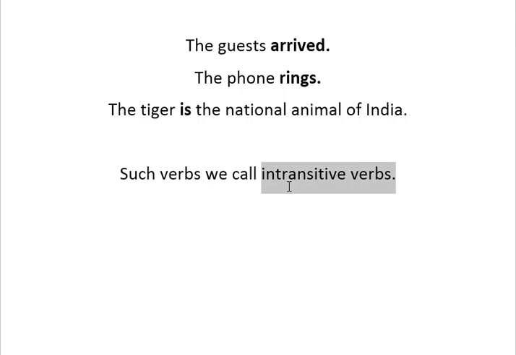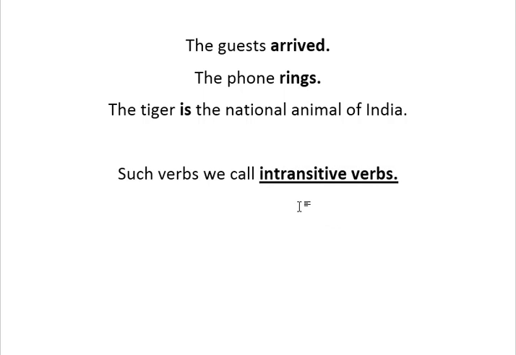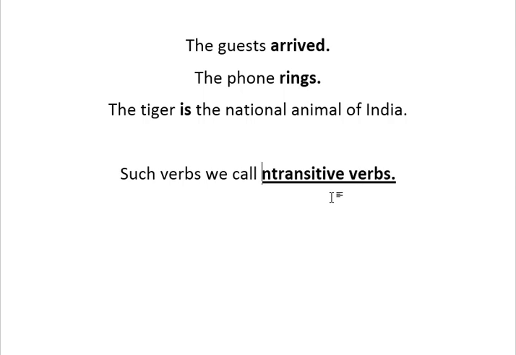So the verbs which require an object to make complete meaning we call transitive verbs, and the verbs which do not require any object to make complete meaning we call intransitive verbs.